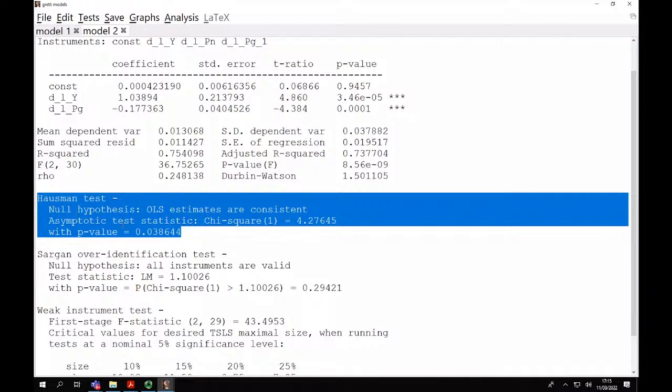The larger the difference, the more the test will reject consistency, which means making your adjustment, making your two-stage least squares, makes a difference in the estimate of the coefficient. If it does not, of course, you don't need to change your estimate.